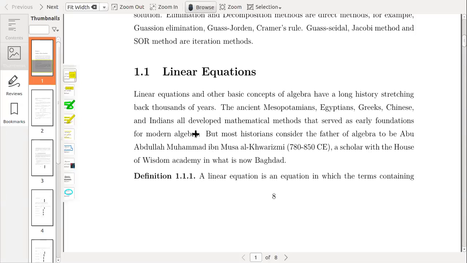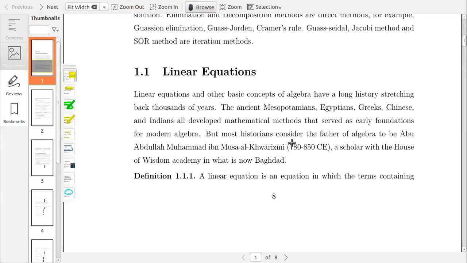So it means modern algebra is based on the solution of linear equations, and linear equations are very old, because the ancient Mesopotamians used them, Egyptians also used them, and the Greeks, Chinese, and Indians used linear equations.